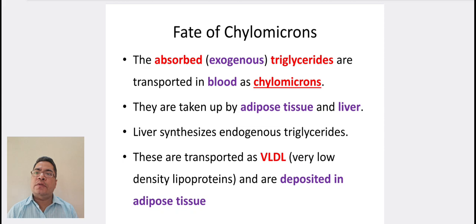Fate of chylomicrons. The absorbed exogenous triglycerides are transported in blood as chylomicrons. They are taken up by adipose tissue and liver. Liver synthesizes endogenous triglycerides. Then they are transported as VLDL or very low density lipoproteins and are deposited in adipose tissue.